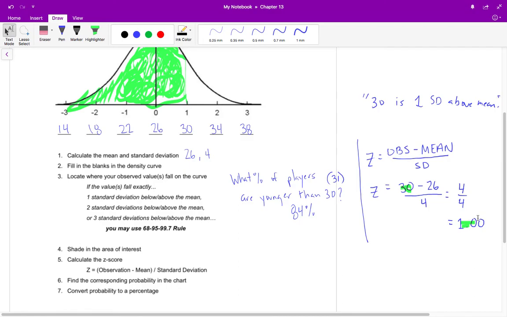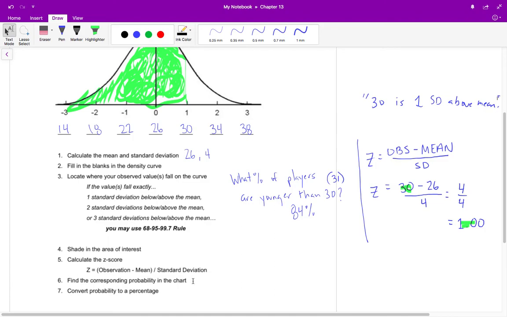This z-score is a middleman. It's going to take your observation to a percentage, right? How do we get from 30 to 84%? We have to use our middleman, the z-score. So we're going to look up that value of 1 and the corresponding probability in the z-score chart.